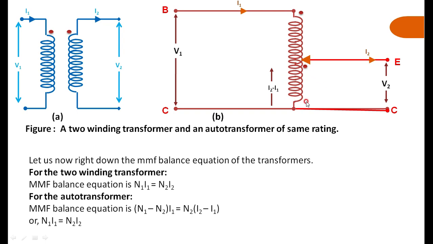Then how much power is transferred electrically? How much power is transferred by electromagnetic induction? The electromagnetic induction power is given by the voltage across the common winding, that is V2, and the current flowing through that common winding between the primary and secondary, that is I2 minus I1. So V2 into I2 minus I1 is the power transferred electromagnetically, because of the induction.